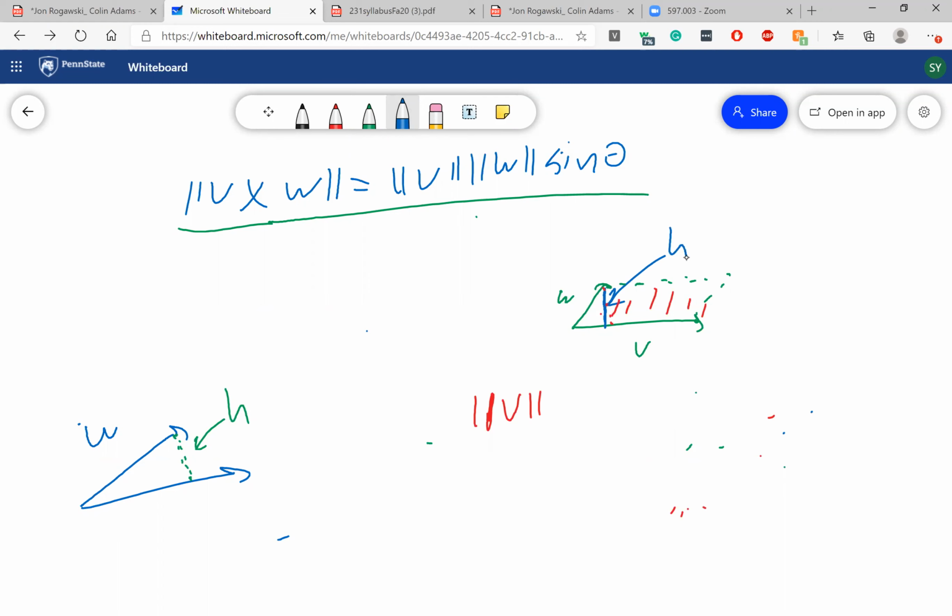Now, the height is the projection of W onto the y coordinate, because this over here is the y coordinate.